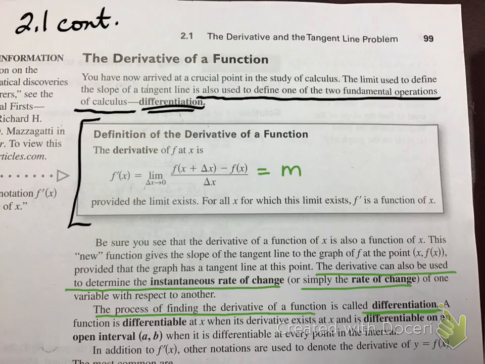So back up here, when they said, oh, you've gotten to this important part of calculus, one of the fundamental operations is differentiation. So we talked when school began that calculus was made up of 3 ideas: limit, derivative, and integral. We would use the limit to help us to find a derivative. And finding a derivative is doing differentiation.